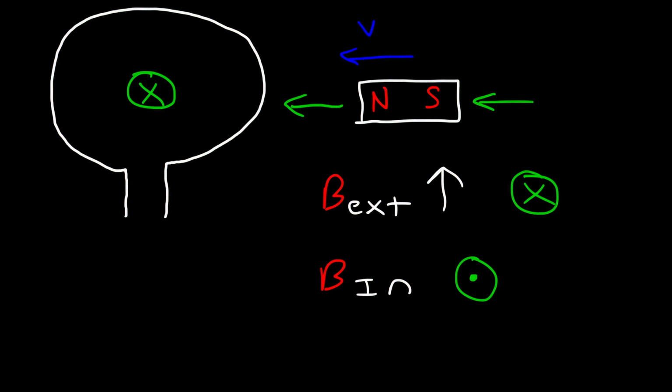So I'm going to represent that in blue. On the right, it's going to be opposite to the magnetic field. That is in the center of the loop. And on the left, it has to be X. They can't be the same. So on the right side, it's going to look like this.